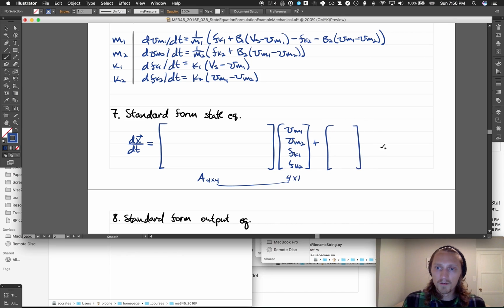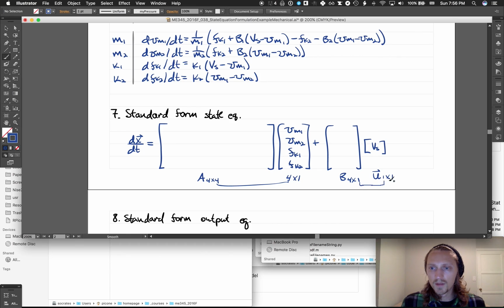is going to be a 4 by 1 because our single input in this system is the velocity source, right? So this is B, a 4 by 1. This is our U, which is a 1 by 1.